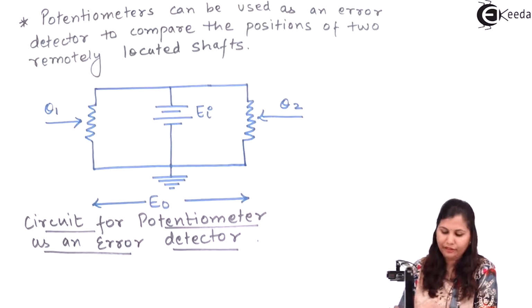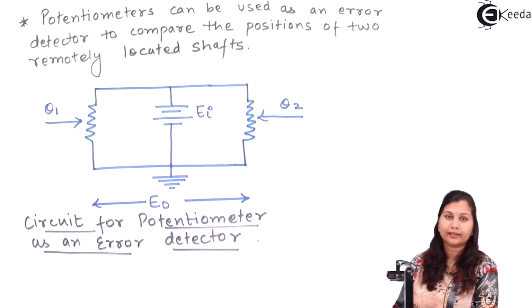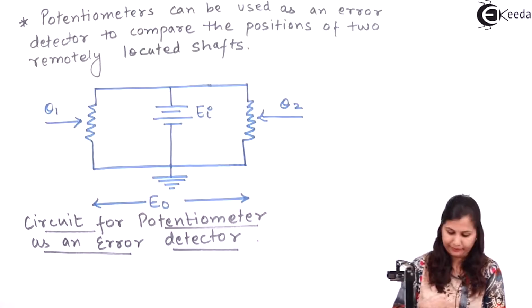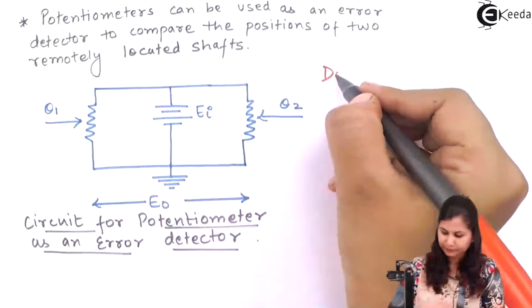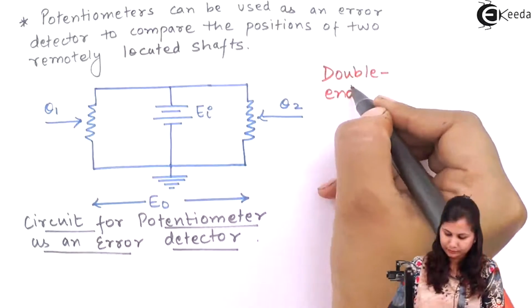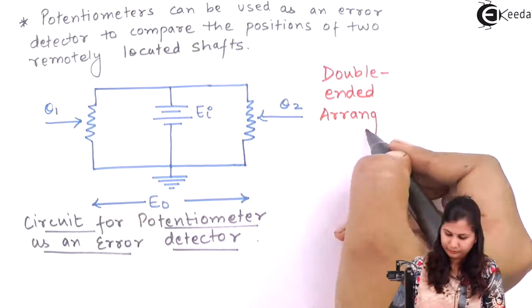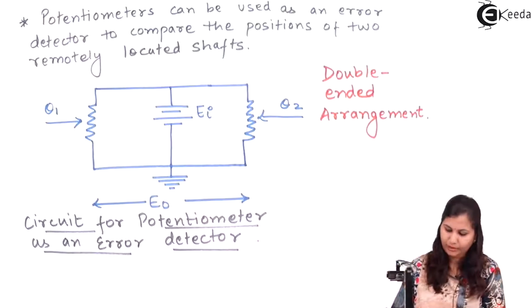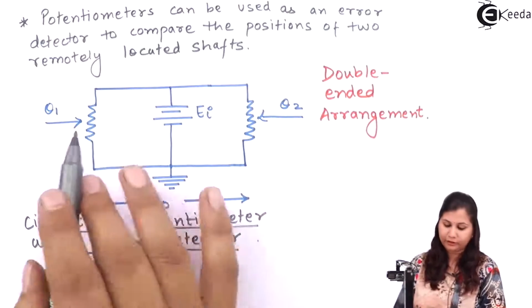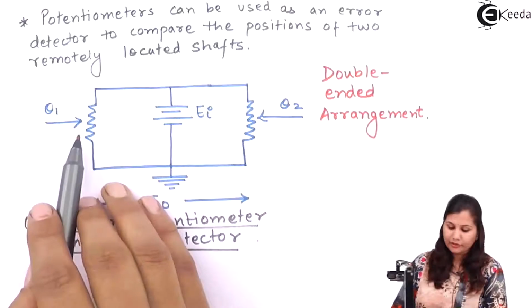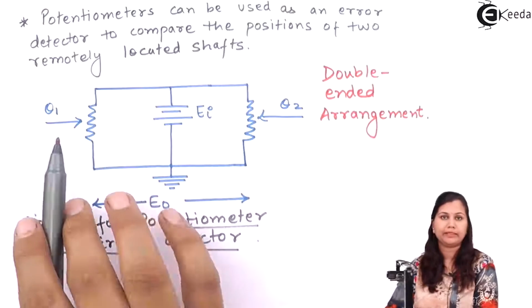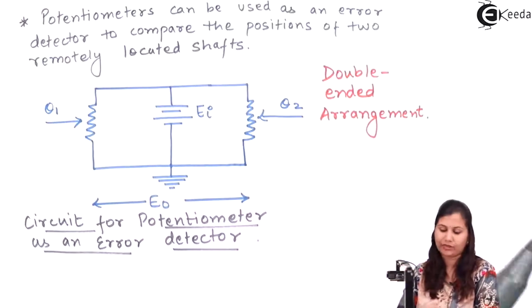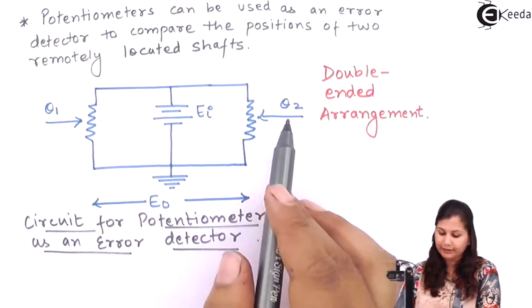Now this type of arrangement is known as double-ended arrangement, because we have connected two shafts here. The first shaft has the displacement theta 1 and the second shaft has the displacement theta 2.